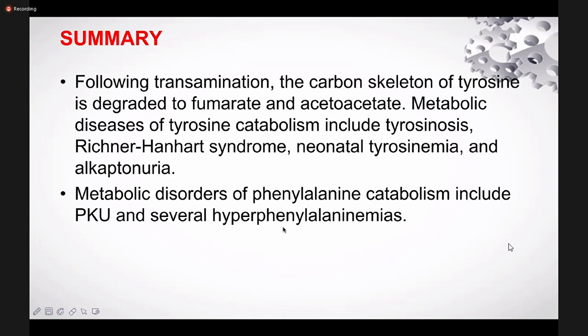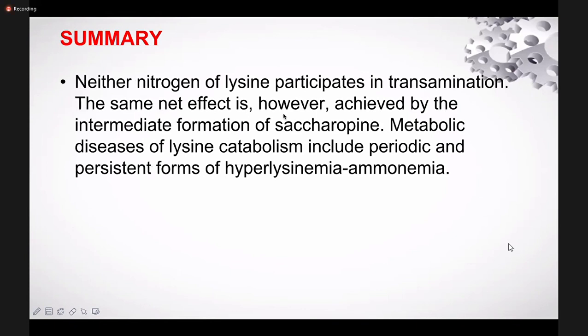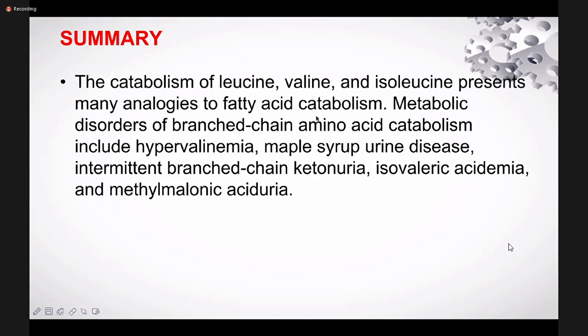Then neither nitrogen of lysine participates in transamination. The same net effect is however achieved by the intermediate formation of saccharopine. Metabolic diseases of lysine catabolism include periodic and persistent forms of hyperlysinemia and hyperammonemia.